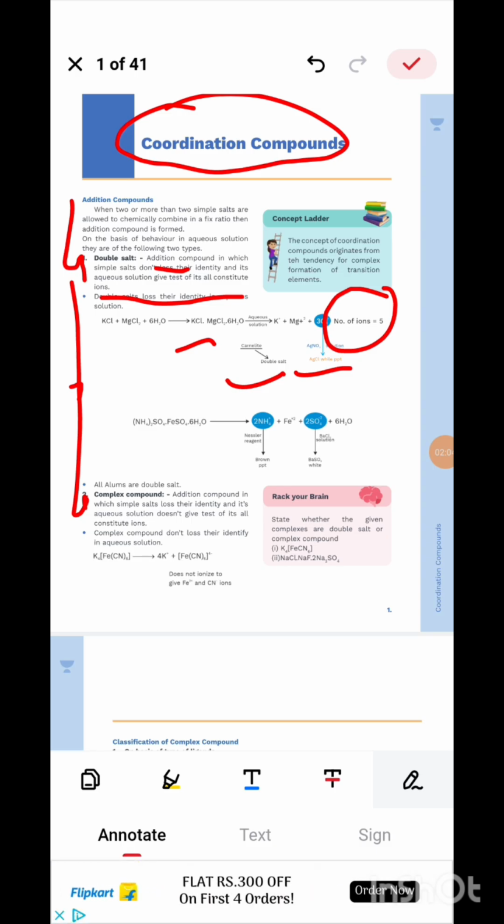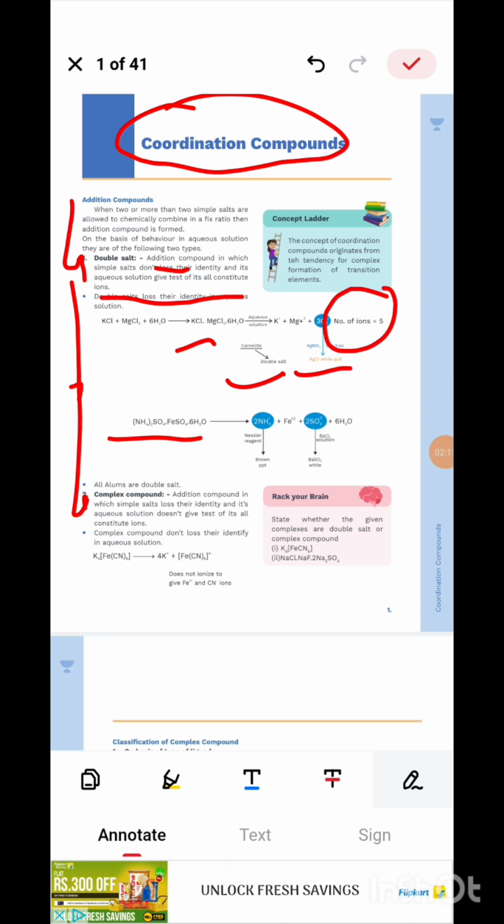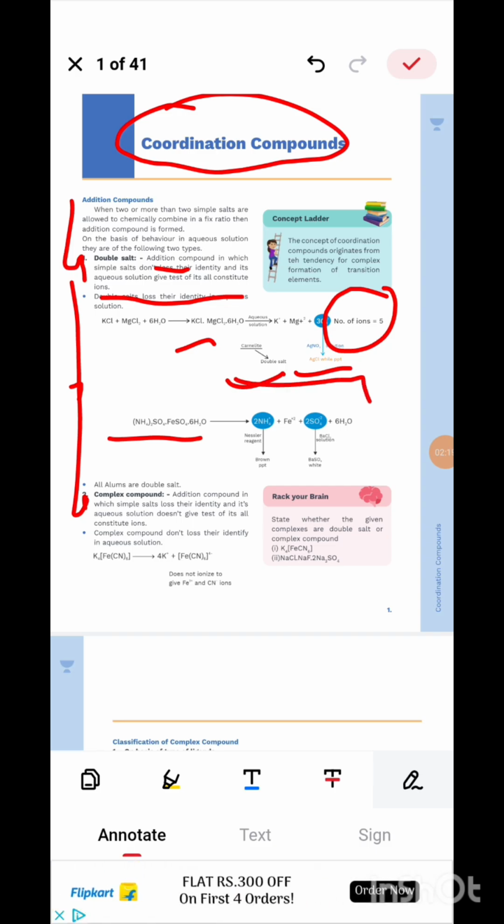The second one is Mohr's salt, FeSO4.(NH4)2SO4.6H2O. If you dissolve it in aqueous solution, then it breaks into 2 NH4 plus, Fe2 plus, 2 SO4 minus 2 and 6H2O.